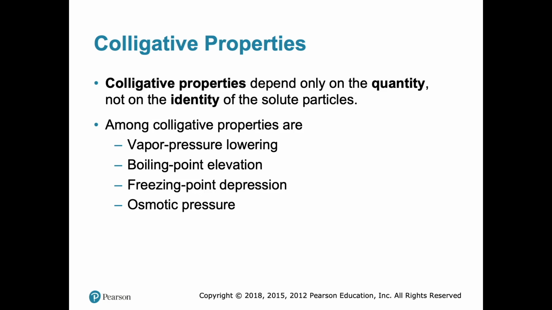And so a good example of boiling point elevation is, again, we'll use salt water as our example. If you add salt to water, it actually makes the boiling point of water go up. The water doesn't boil as fast. It needs more energy to boil. So oftentimes people will add salt to their pasta water, and it does help with the bubbling over of the water when you're cooking pasta.